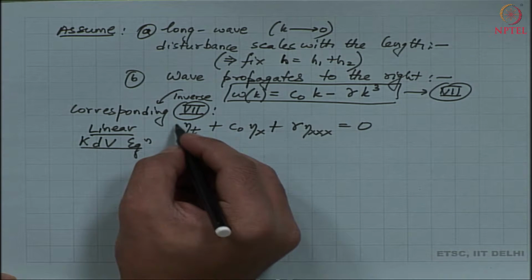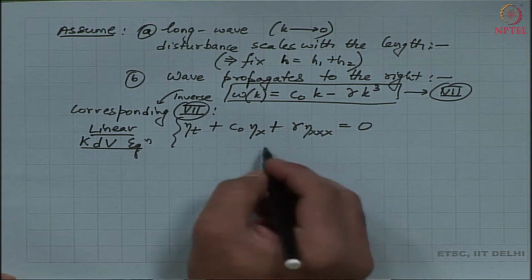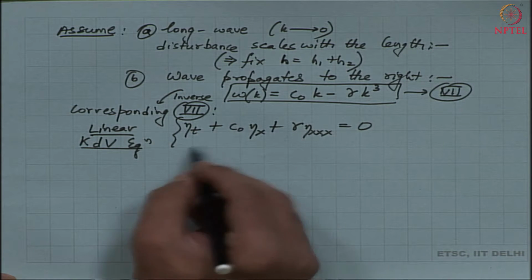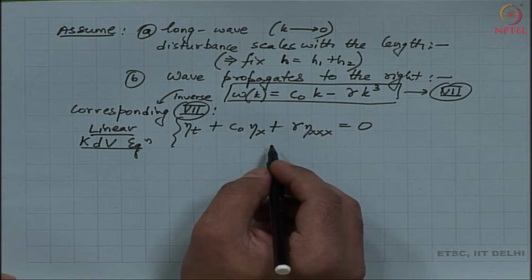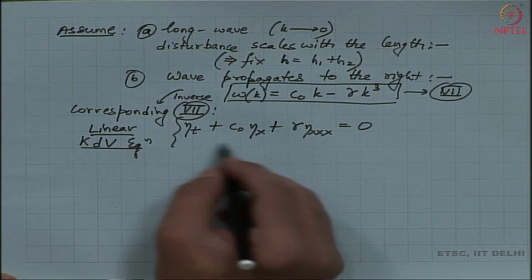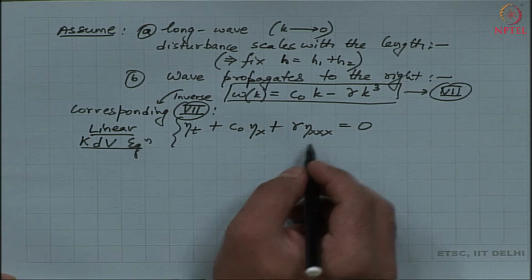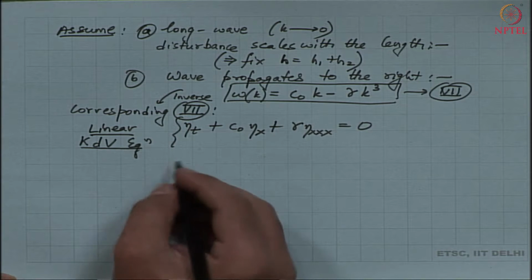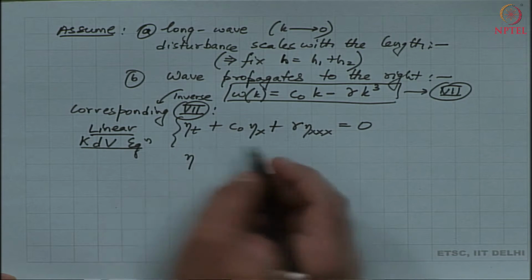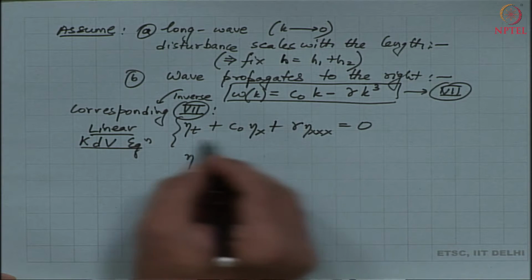Okay. So, I am going to just give you the solution to this equation. Again, with appropriate boundary conditions and initial condition, the solution to this equation can be analytically found. So, I can provide you with the solution, where again eta is the depth of the water wave.